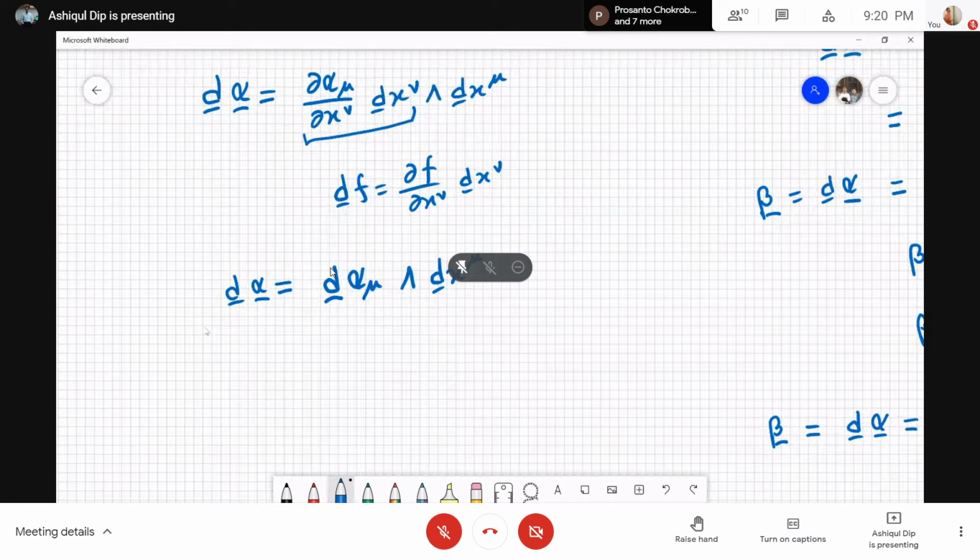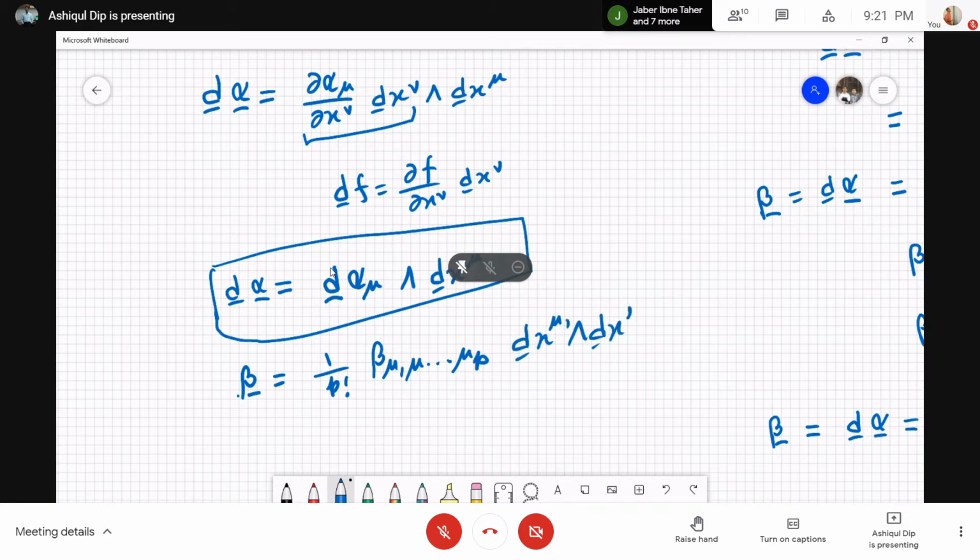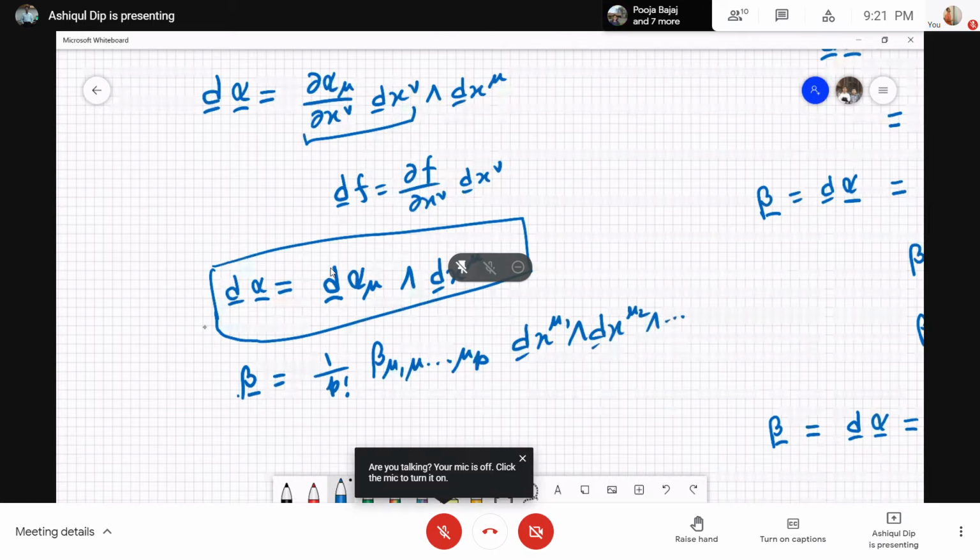This is kind of a general thing, right? So we expand the definition for an arbitrary p form to be like this. If you have a p form beta, which is 1 over p factorial, then beta mu1 mu2 up to mu p, dx mu1 wedge dx mu2 wedge up to dx mu p, right?